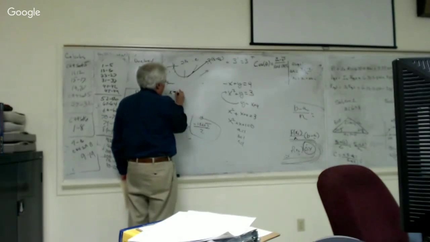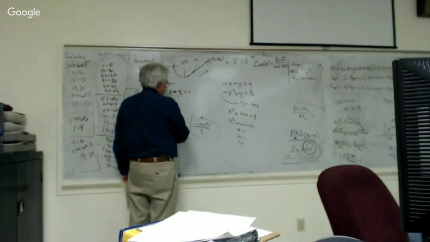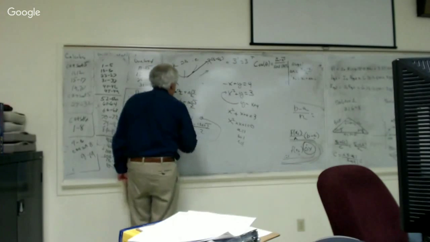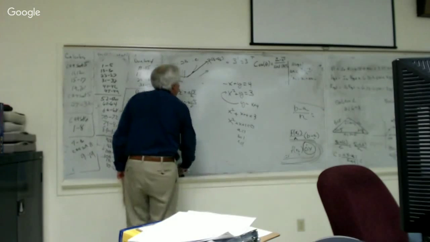X is equal to minus 1/2 plus i square root of 3 over 2, and x is equal to minus 1/2 minus i square root of 3 over 2. Okay, so now let's just do one of them.